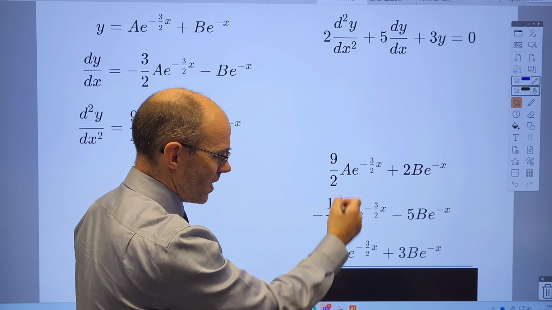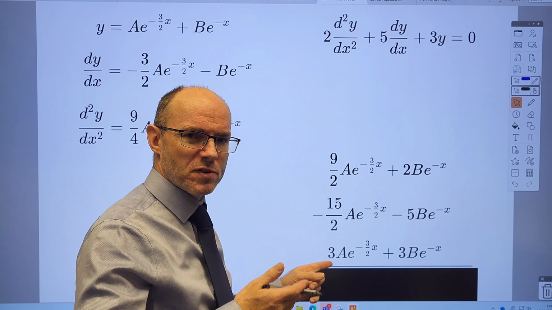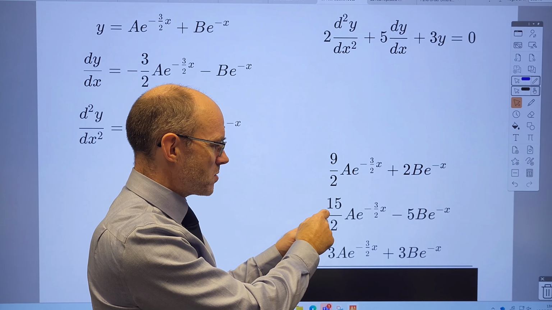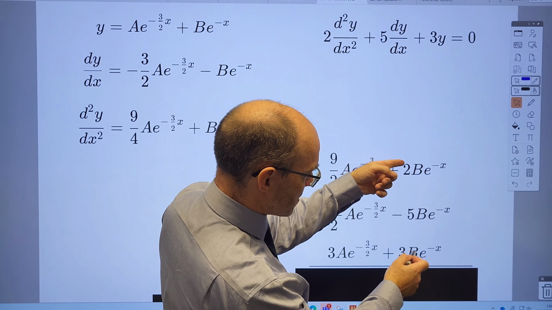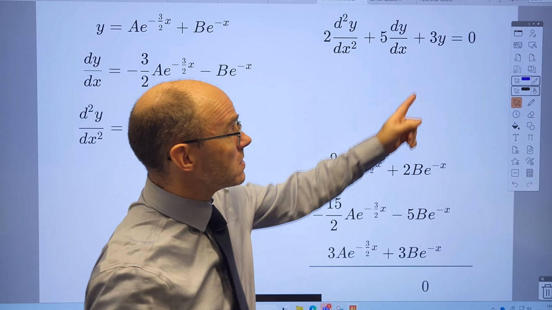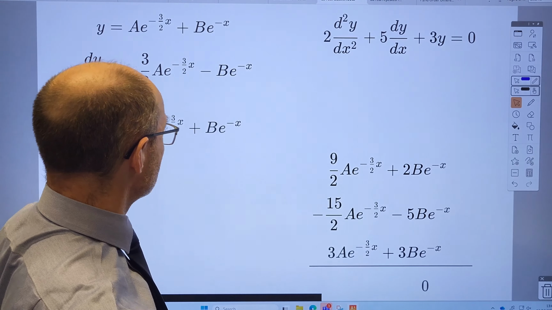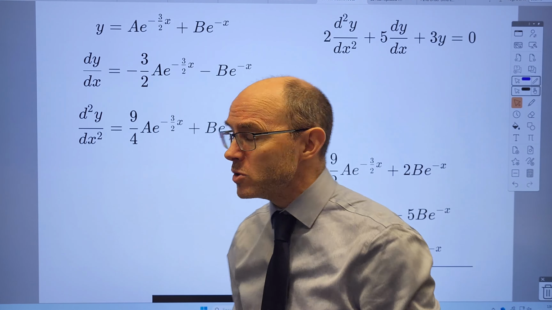So these are the like terms, we add those together, so 3a can be written as 6 over 2a, so 6 over 2 plus 9 over 2 is 15 over 2, subtract 15 over 2, so those cancel. And then this one, it's a bit easier, isn't it? 2 plus 3 is 5, subtract 5, 0, so all that gives you 0. And because it does give you 0, that is a proof that this must be a general solution to the equation.